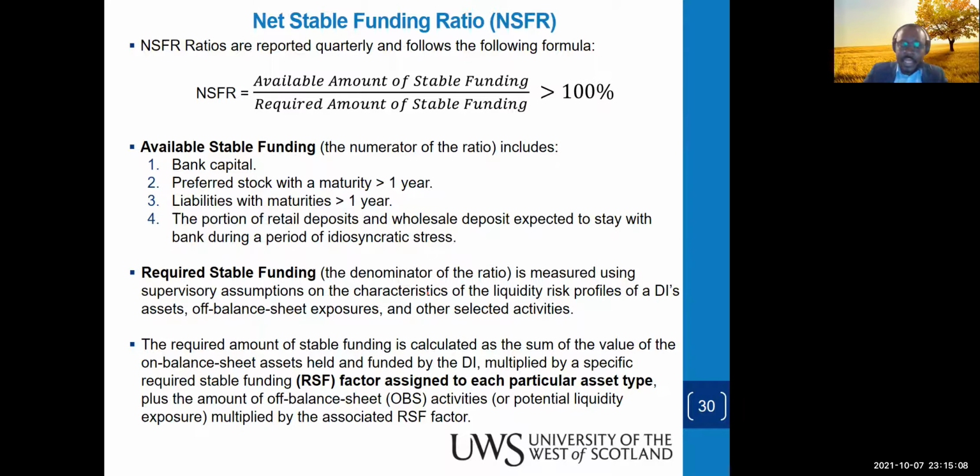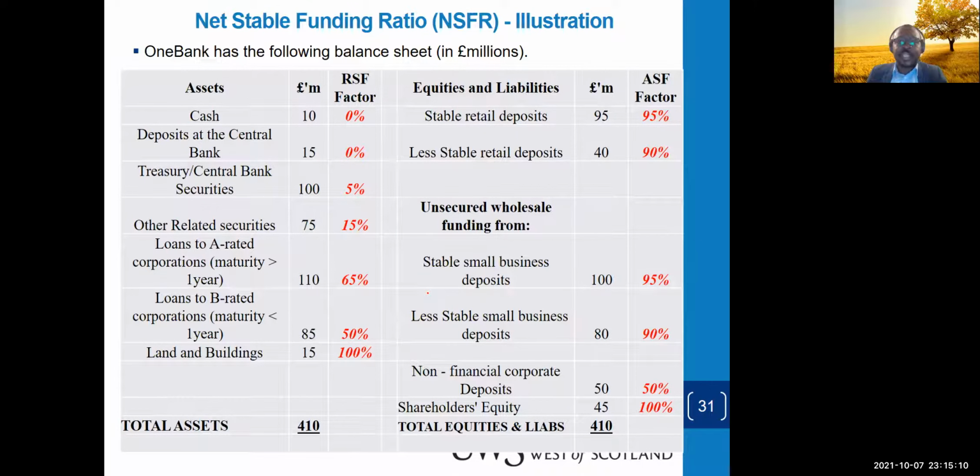All right. So an example, let's take this illustration to help us wrap up soon. So we have the RSF. All assets will be considered required stable funding, whereas the liabilities and equities will be the available stable funding, with the factors provided. So all we do is find the weight of each and sum them.